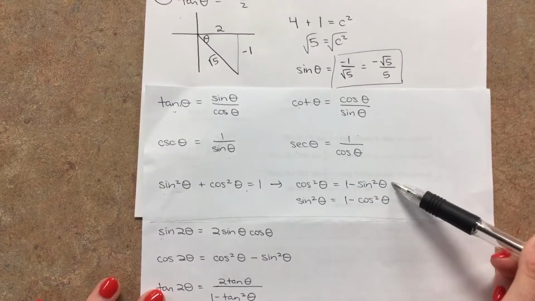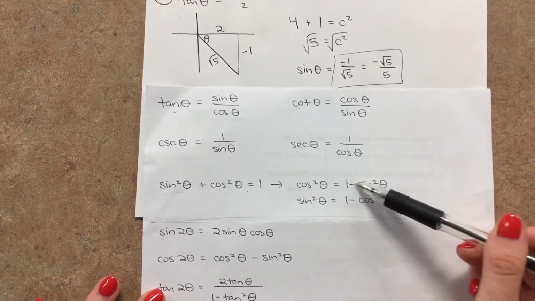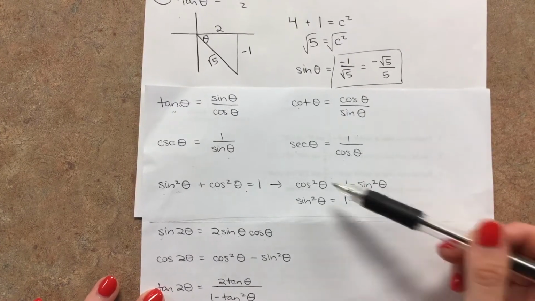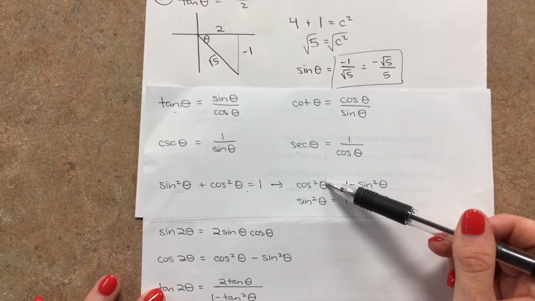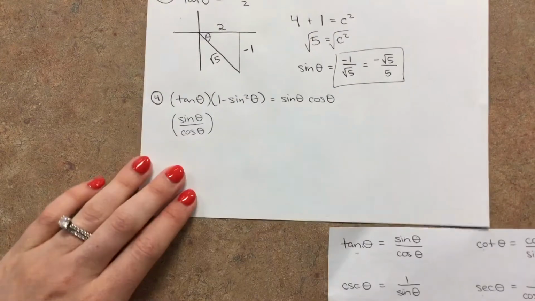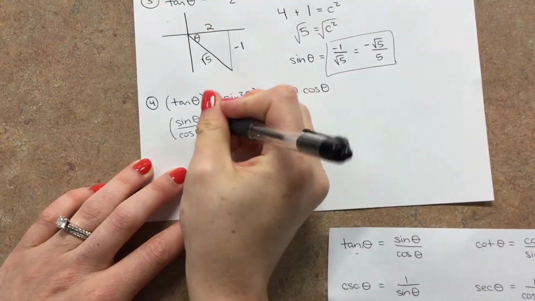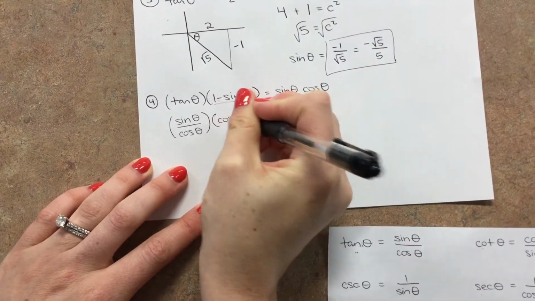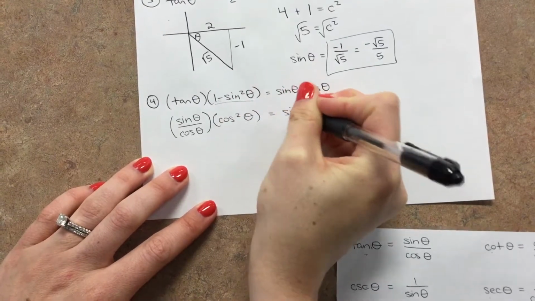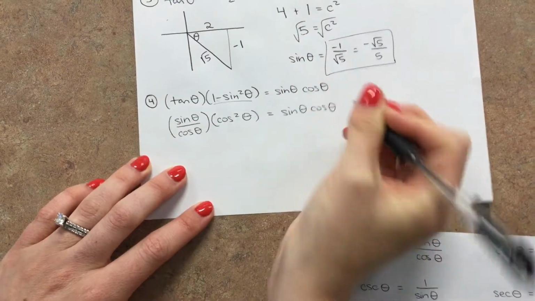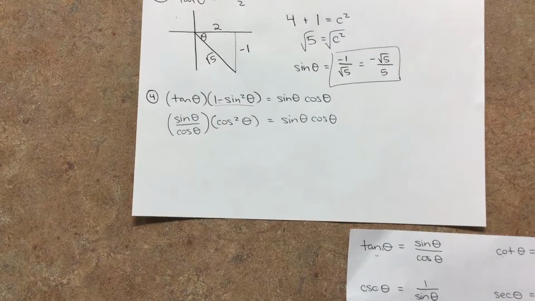So we're going to use this top one right here. So we have a 1 minus sine squared. This tells us that we can replace it with cosine squared. So that's what we're going to do. Okay, so replace this right here with cosine squared. And then I'm not touching the right-hand side. I'm just leaving it exactly the way it is until I'm done with the left-hand side.